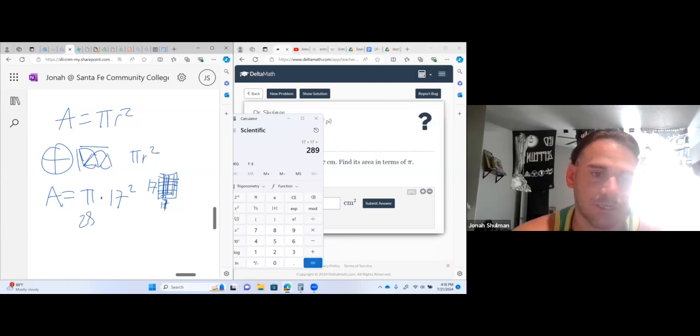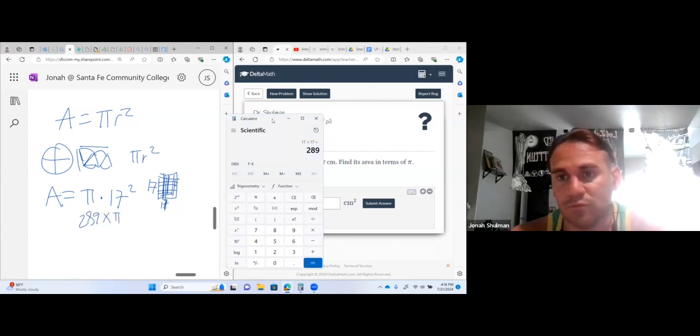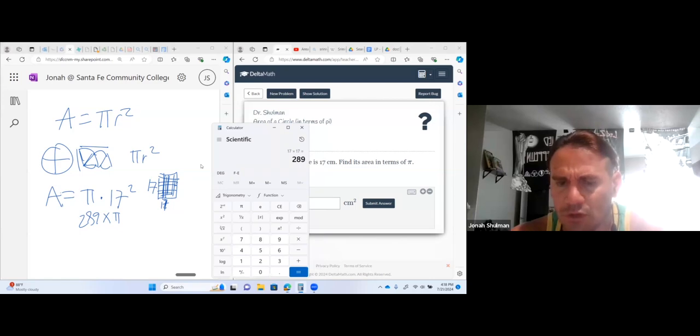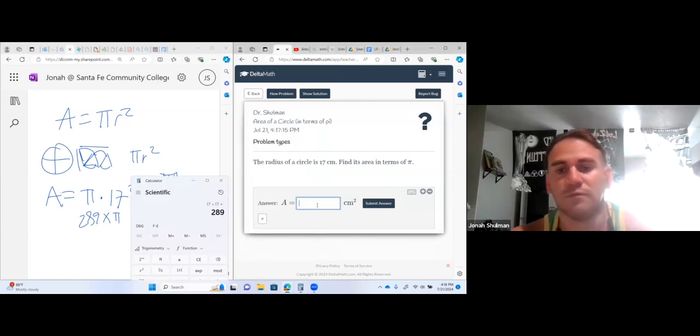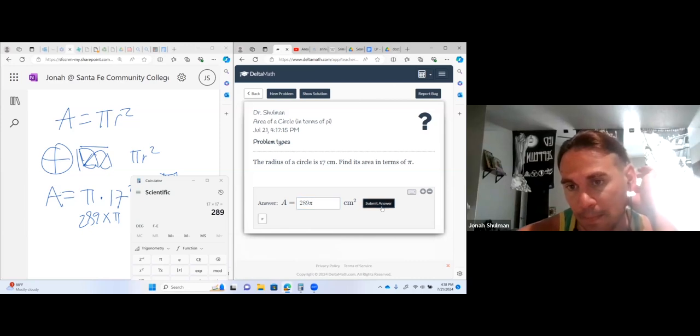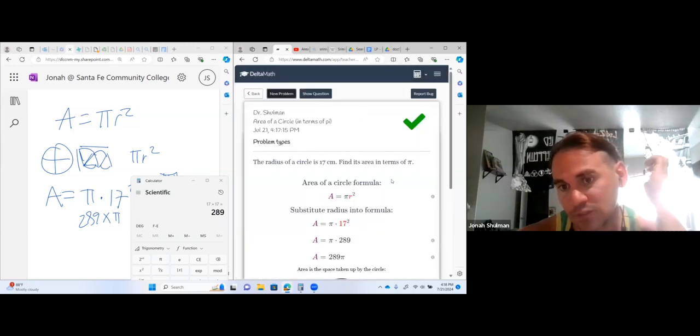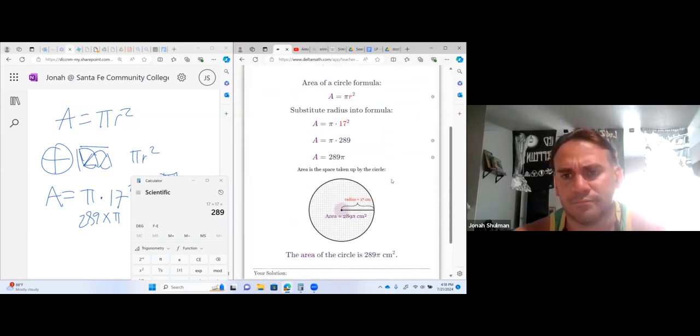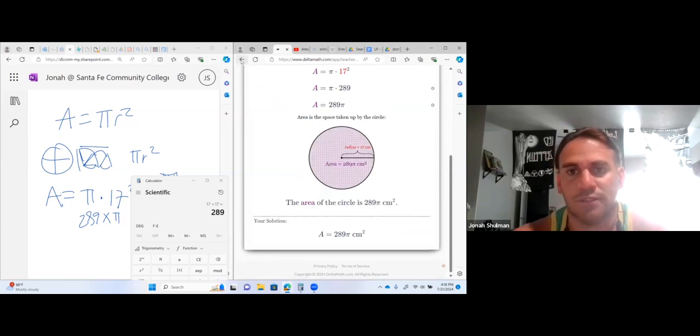So we have 289 times pi. That's our final answer. They want it in terms of pi, so we're already done. I was going to round it and stuff, but here we go. And that's how you can get the area of the circle. It fills up the space. That's what area does. It doesn't go around the circle, it fills it up.